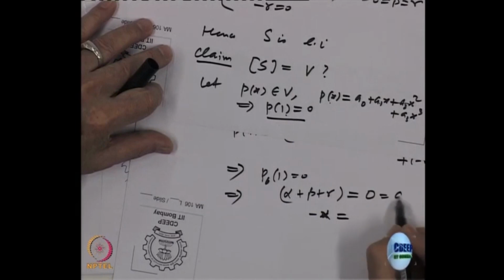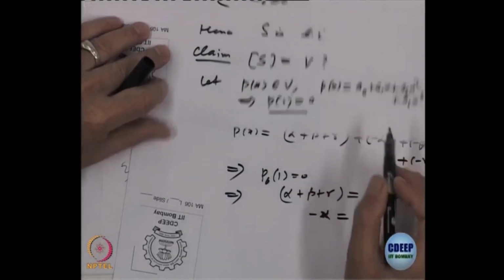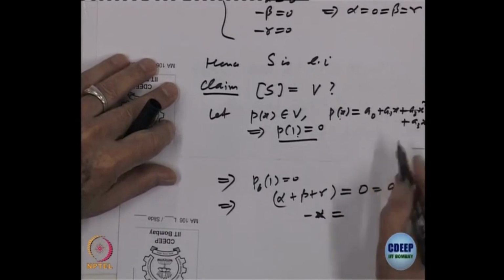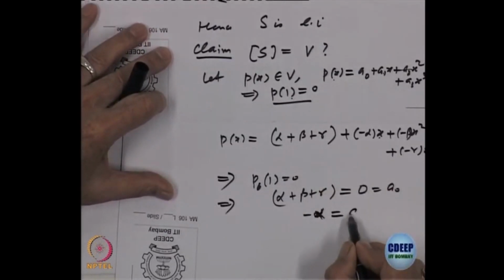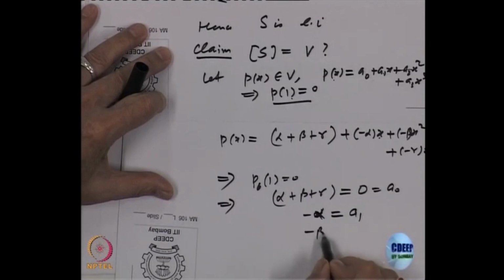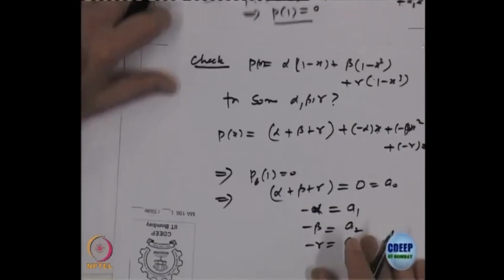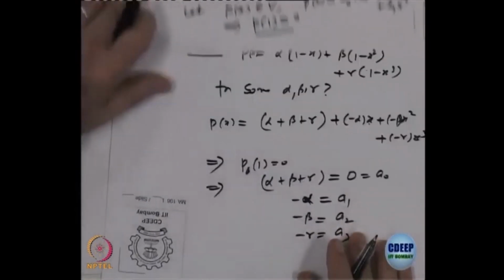So, this is equal to a0, by the property. What is the coefficient of x here? Minus alpha, and in P it is a1. Minus alpha is equal to a1, minus beta is equal to a2, minus gamma is equal to a3. Is that okay?